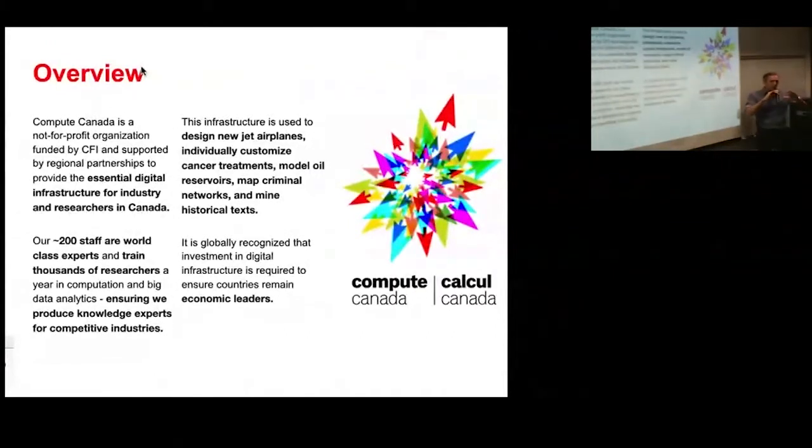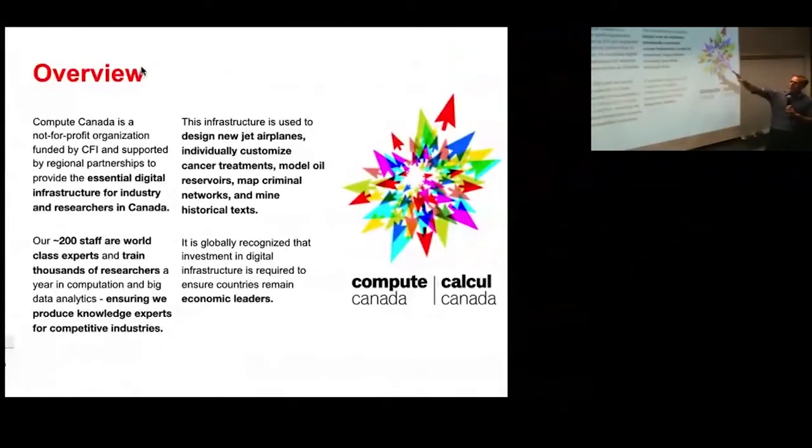As an umbrella organization, Compute Canada has approximately 200 staff, world-class experts, whether in a specific research area or actually just running the machines themselves. These people are distributed across the country, and we spend a lot of time training, working with and supporting thousands of researchers.